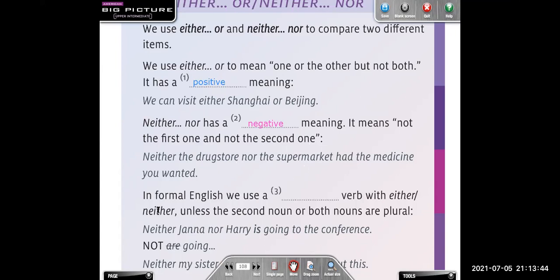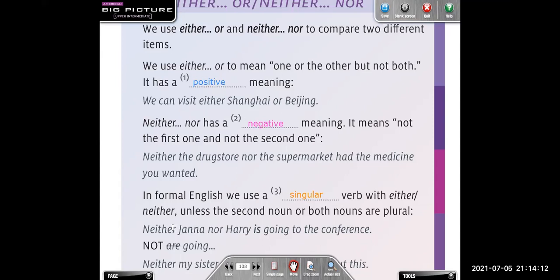Okay. In informal English, we use a singular verb with either or neither, unless the second noun or both nouns are plural.